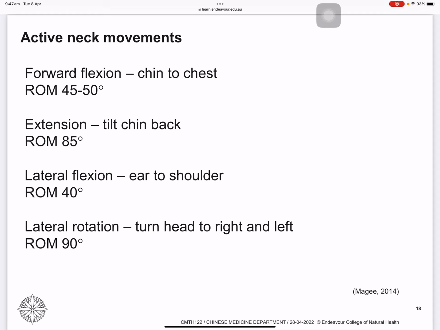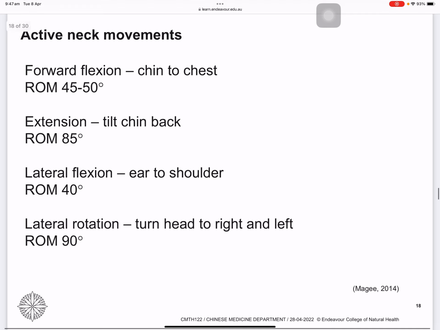And the lateral flexion, tilting the head to the shoulder, like this, is about 40 degrees. This is also an assessment to check which side is strong.